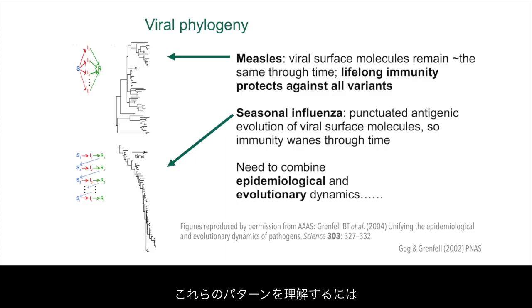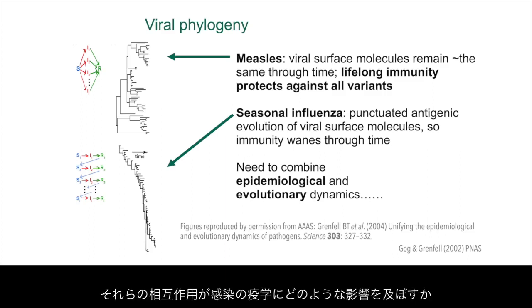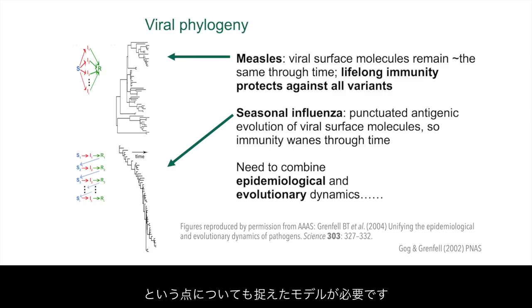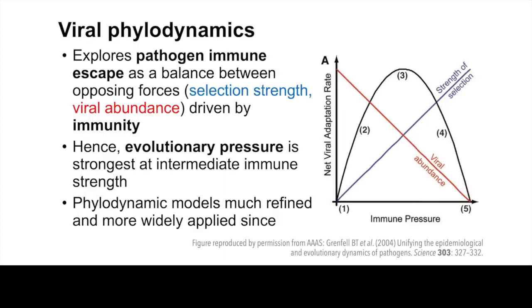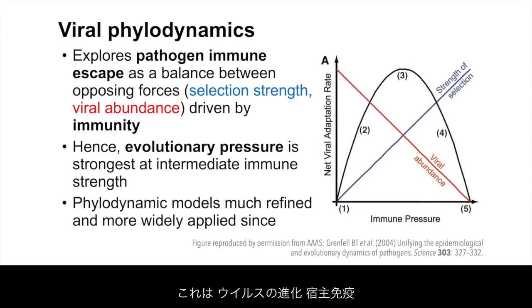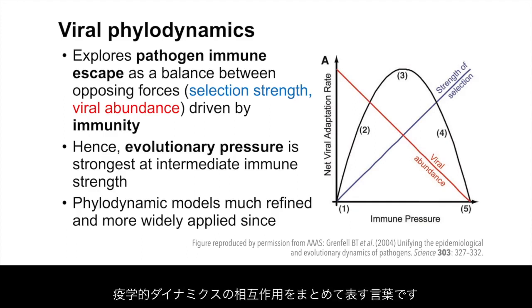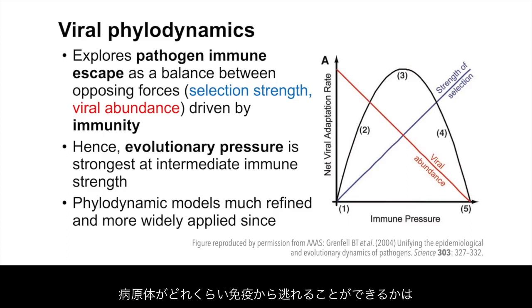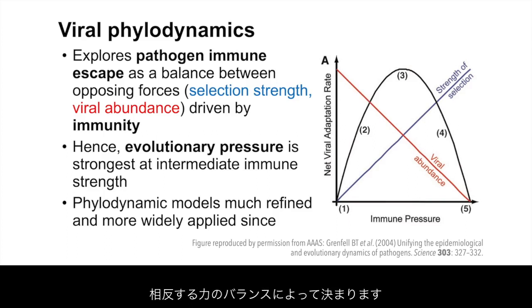To understand these patterns, we need a model that captures not just the impact of host immunity on pathogen phylogenies, but also how this interaction affects the epidemiology of the infection. I coined the term phylodynamics as shorthand for the interaction between viral evolution, host immunity, and epidemiological dynamics. The extent of pathogen immune escape is a balance between opposing forces.